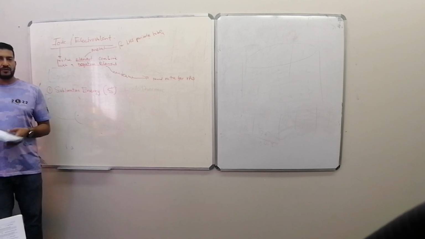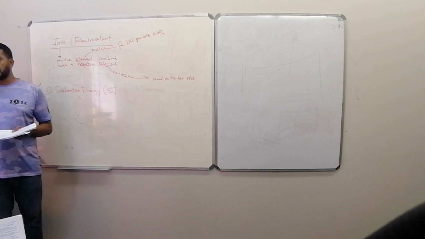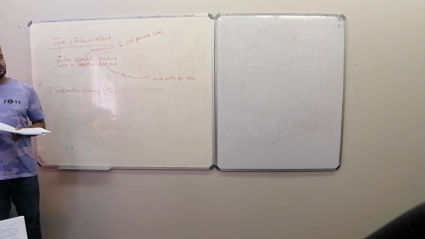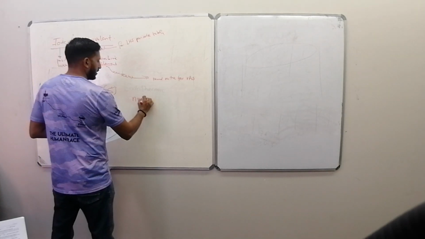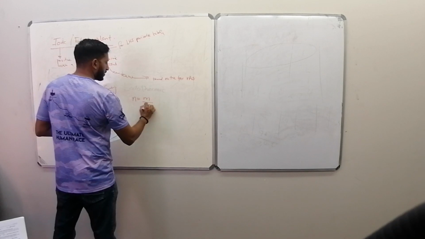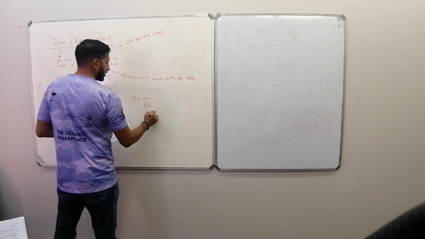I think Trev is asking what is a mole, right? Does anybody else not know what a mole is? It's a unit of measurement. Yeah, so mole, right? I'm just going to write it here. n is equal to mass over molar mass.